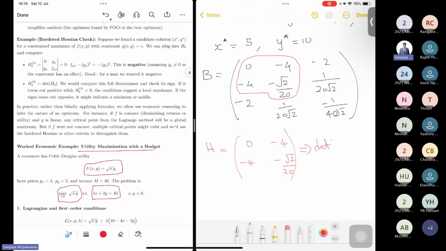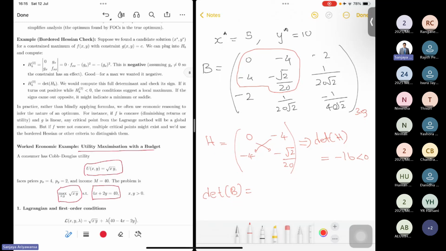So the determinant of H, if you remember how you calculate this, minus 4 times minus 4, you would get minus 16, and that is less than 0. Then you take the determinant of the whole thing, the determinant of B, which is a 3 by 3 matrix. When you calculate, you would get 1.131, which is a positive number.